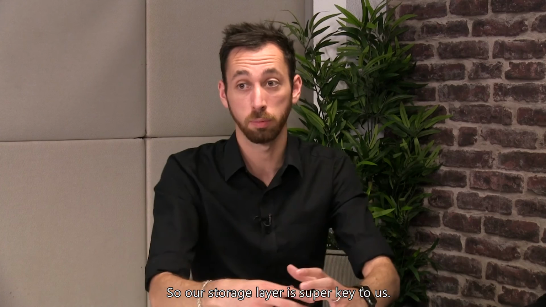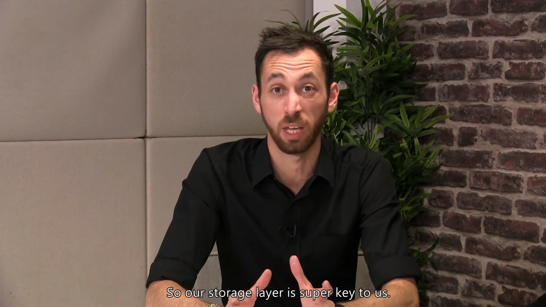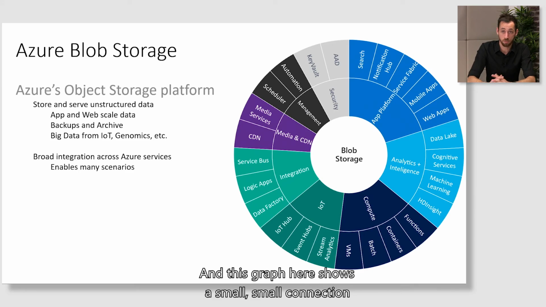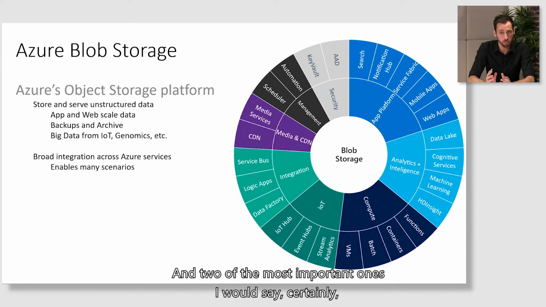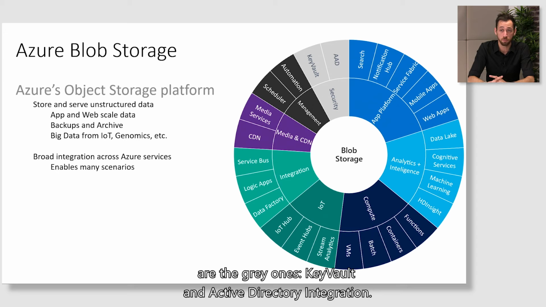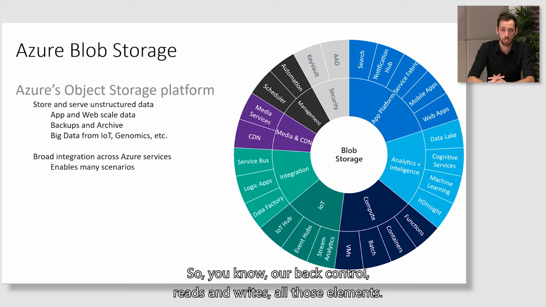Our storage layer is super key to us, and this graph shows a small connection of how it integrates with certain services throughout Azure. Two of the most important ones are the grey ones, Key Vault and Active Directory integration, so RBAC control, reads and writes, all those elements.